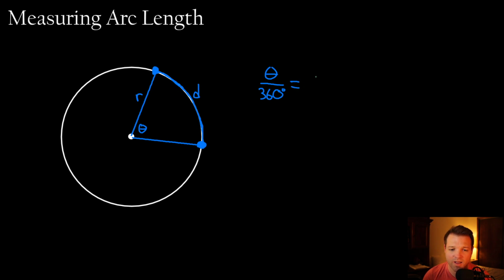And now all I have to do is figure out, well, I don't know what d is, but I can figure out the entire circumference or the entire distance around this circle. And so if I know theta, if I can calculate the circumference, and I know there's 360 degrees, then I can cross multiply and divide to figure out d, what this distance is of this arc length. Okay, so we're going to solve using proportions. So let's see this strategy in action.